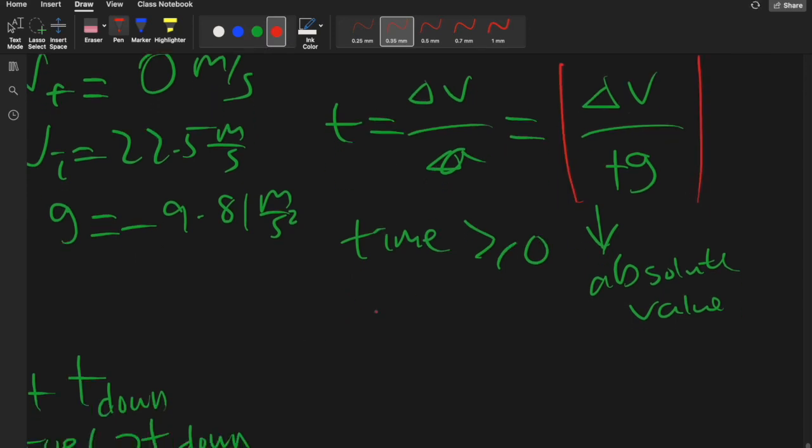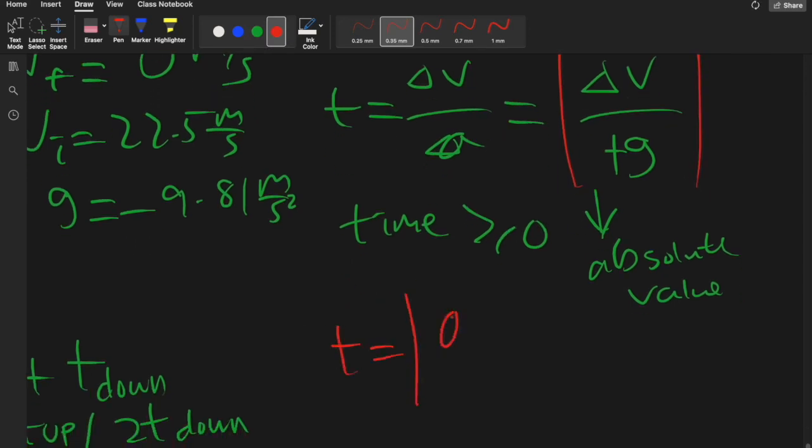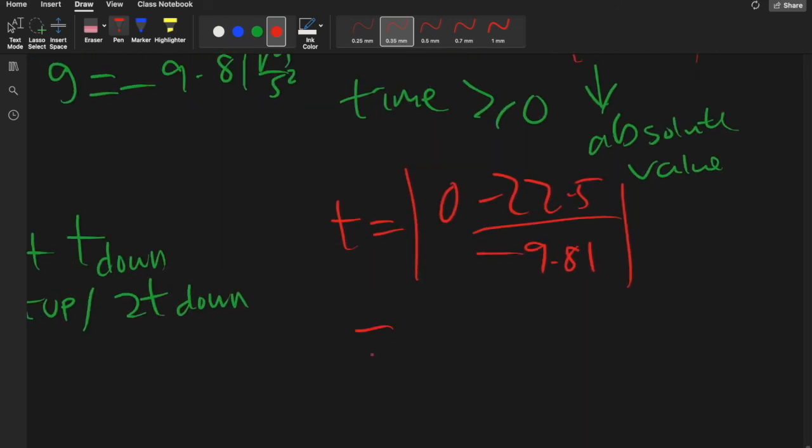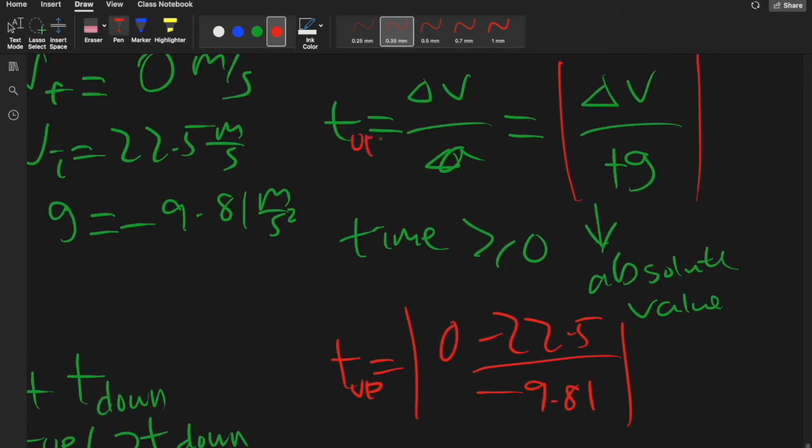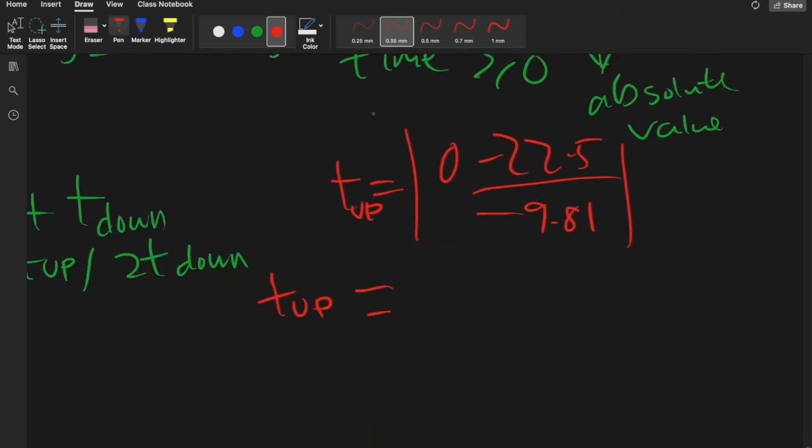So time is equal to 0 minus 22.5 divided by negative 9.81, which is equal to, so this is t up, 2.295 seconds.